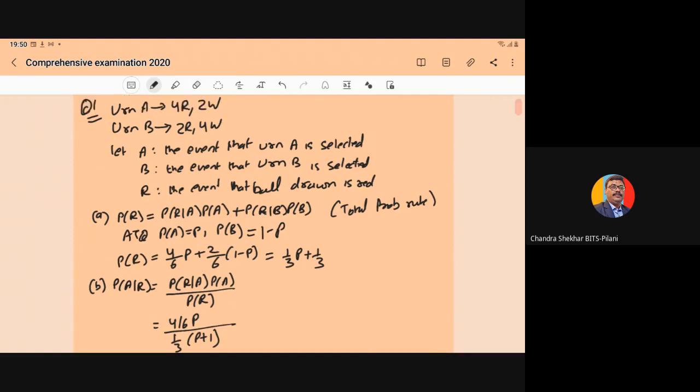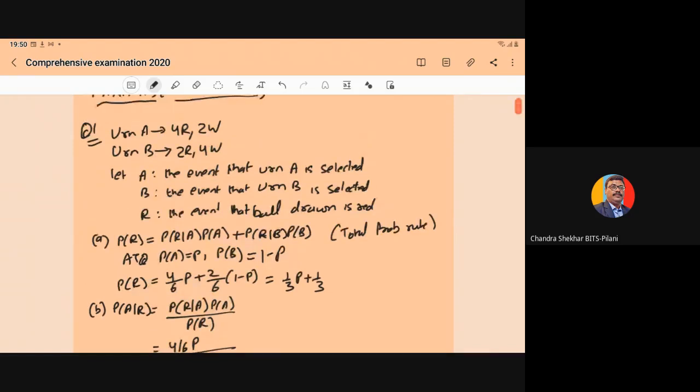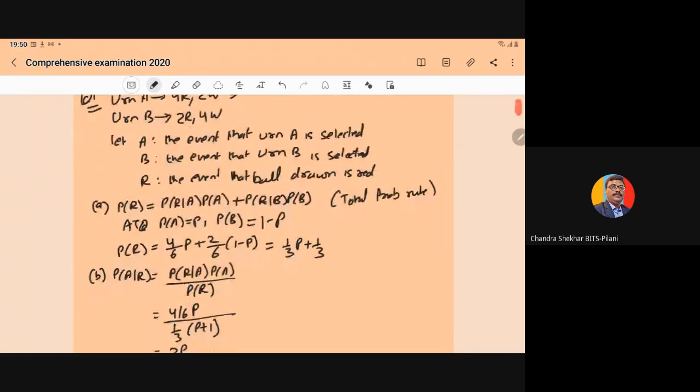In A we have a total of 6 balls. Out of the 6 balls, 4 are red. So the required probability will be 4 by 6. So 4 by 6 into p plus 2 by 6 into 1 minus p, which will give you 1 by 3 into p plus 1 by 3.